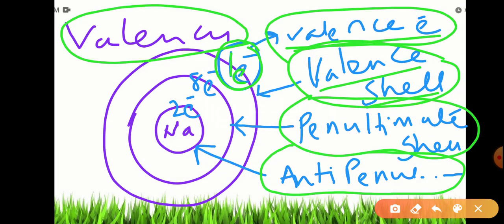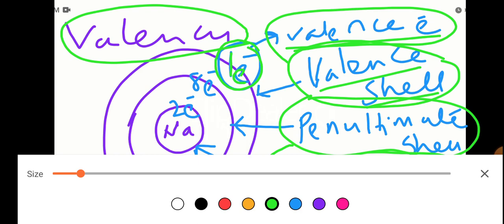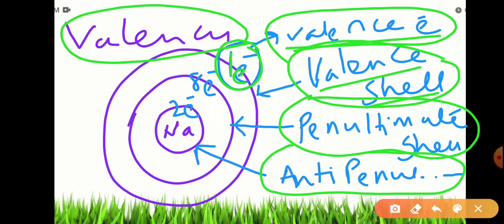Sodium, basically there is a law over here, that is the law of octet. What does it mean? Every element tries to complete the law of octet.